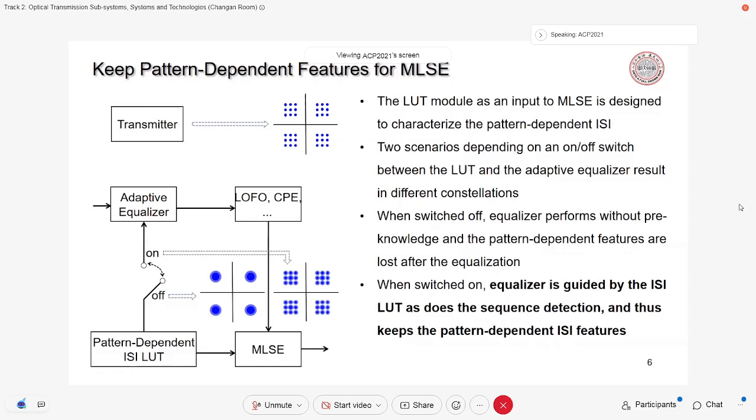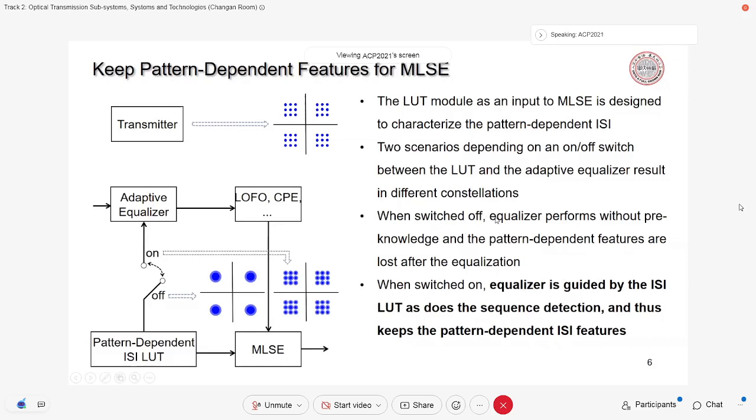In that case, if we put the switch on, the adaptive equalizer will also have this target feature, right? The lookup table will have all the information here. And then the adaptive equalizer will target this, and try to do its job for all the dynamic tracking, like polarization tracking, or PMD compensation, residual CD compensation, but just leave the part we want untouched or mostly untouched.